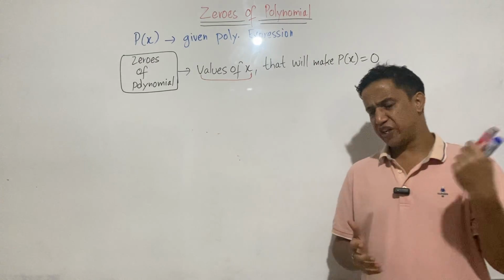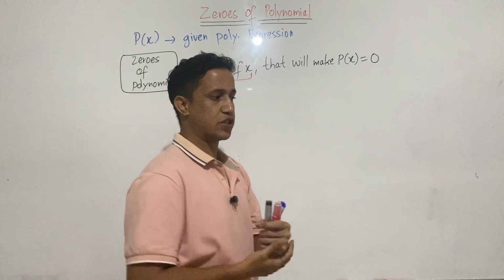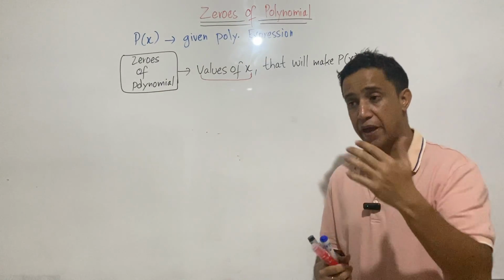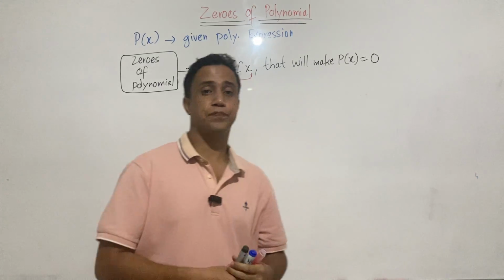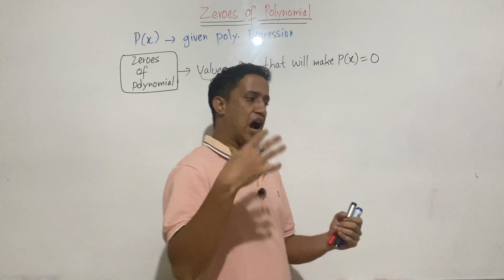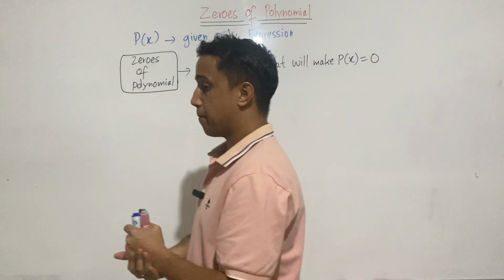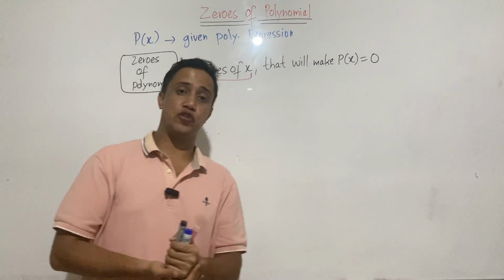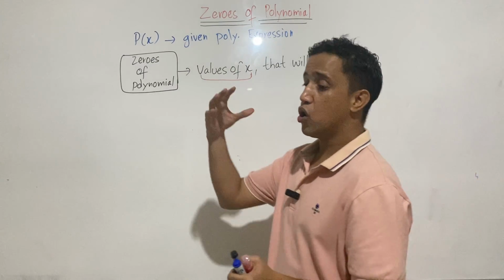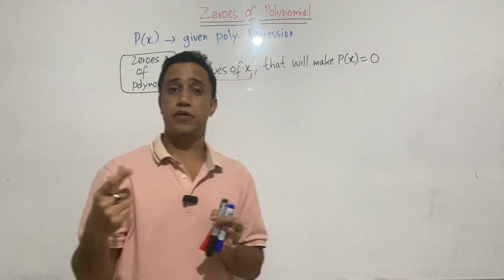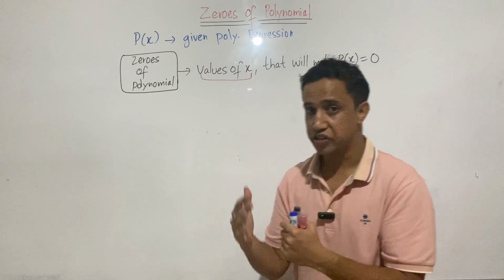In the previous video, we spoke about factorization. While factorizing a polynomial, for example a cubic polynomial, we look for a value of x to initiate the division.